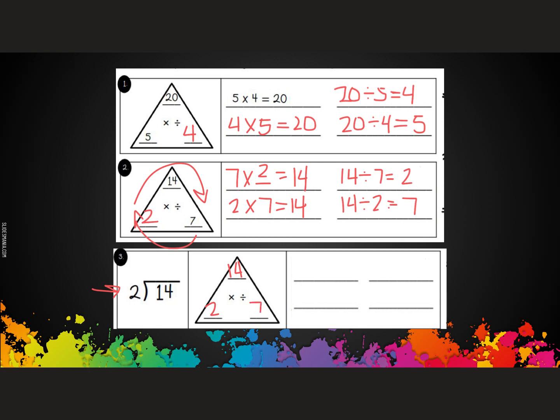So even though we see it in a different format, we can still use our fact families to help us solve this problem. 2 times 7 is 14. 7 times 2 is 14. 14 divided by 2 equals 7, and 14 divided by 7 equals 2.